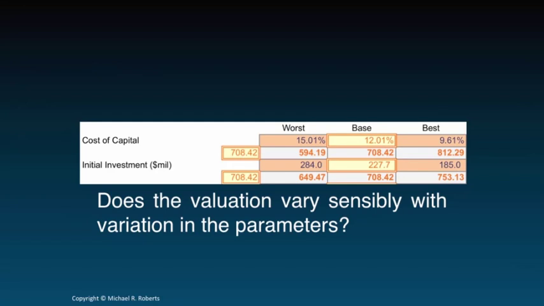But I also like to use it as a gut check, a reality check, to make sure that the valuation varies sensibly with variation in the parameters. If I had found that as I increased the cost of capital the valuation numbers actually went up, I've got an error somewhere in my model. Right? Okay.